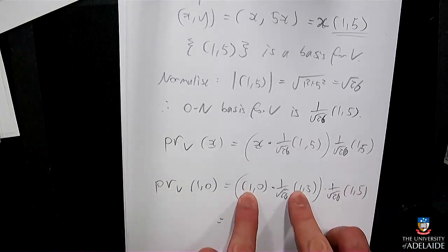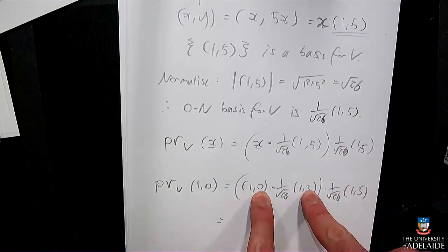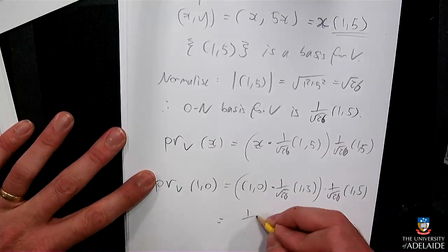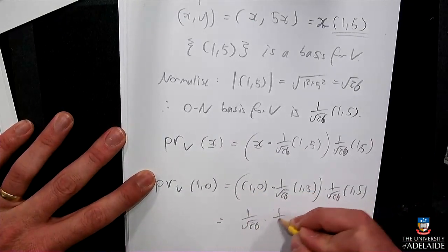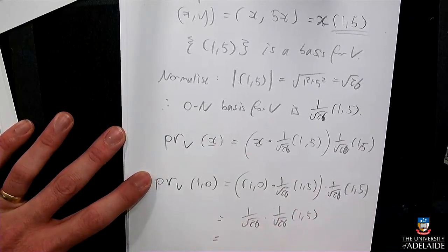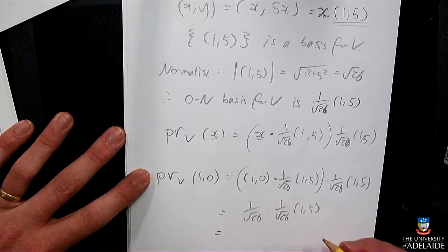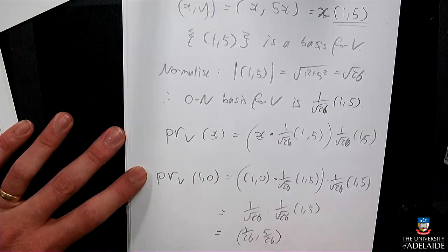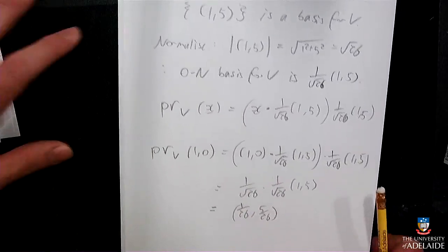So 1 times 1 is 1, and 0 times 5 is 0, so I get 1 times 1 on root 26, and so that would be 1 on 26. That's column 1 of the matrix that I want.